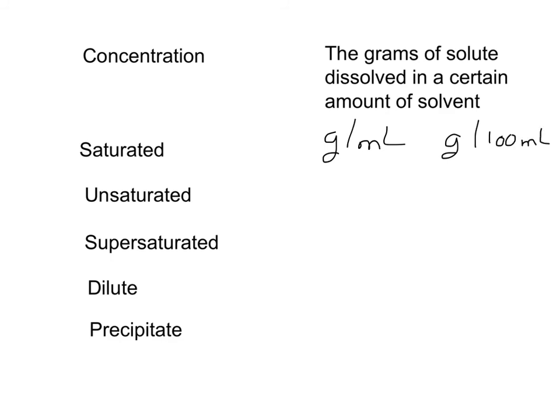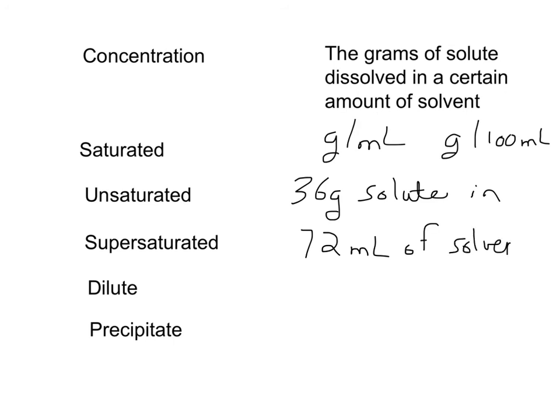And here's how you can calculate concentration. Let's say I'm told that I have 36 grams of solute in 72 milliliters of solvent. If I want to know the concentration in grams per milliliter, I have to set up a proportion.